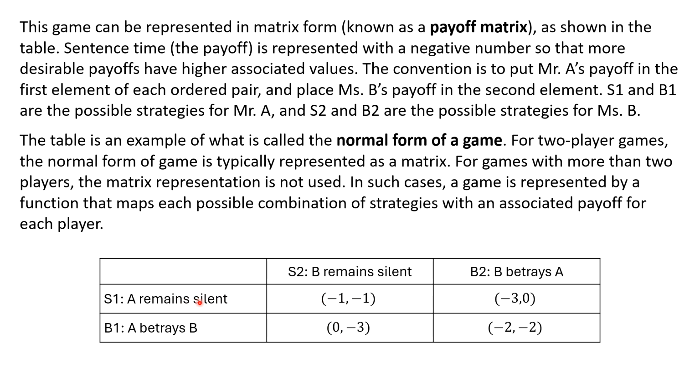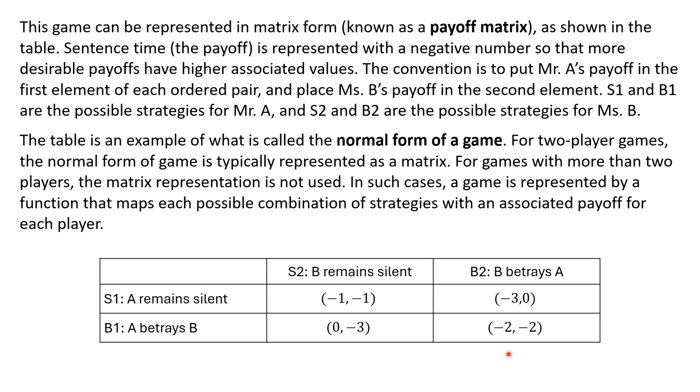And then A says, well, what should I do if B betrays me? If A remains silent, A gets 3 years in prison. And if A betrays B, A gets 2 years in prison. So for either choice by B, A would be better off betraying B. And since this is symmetric, the same thing holds for B. B is better off betraying A.